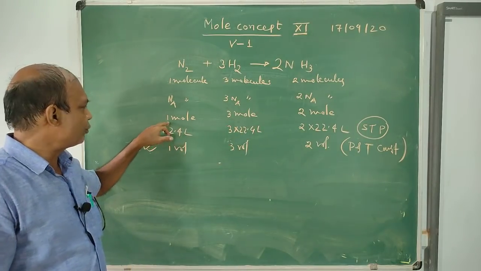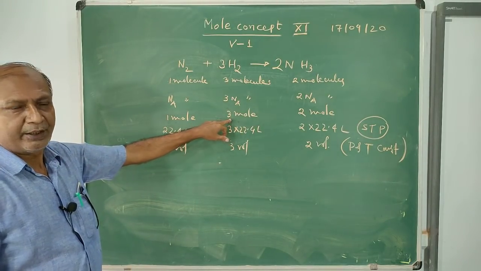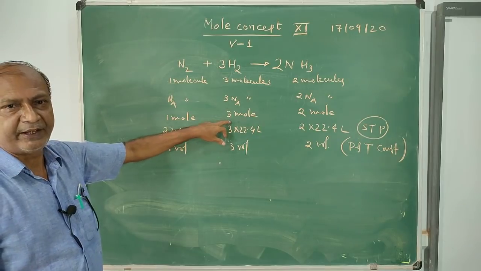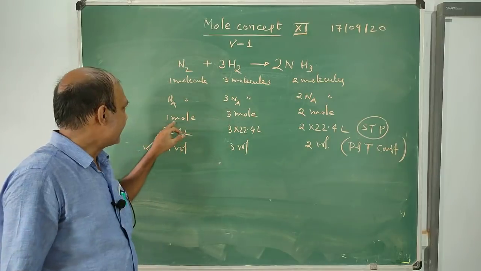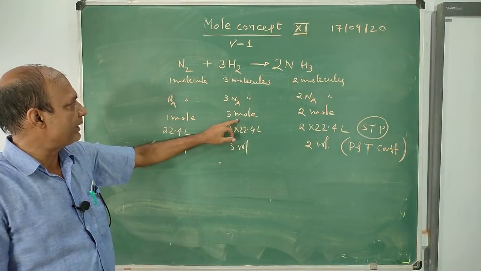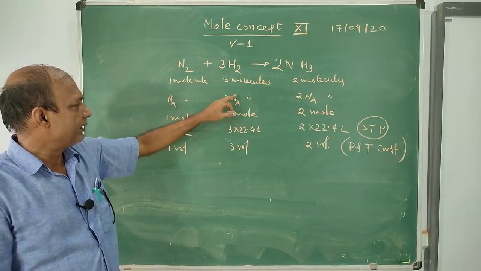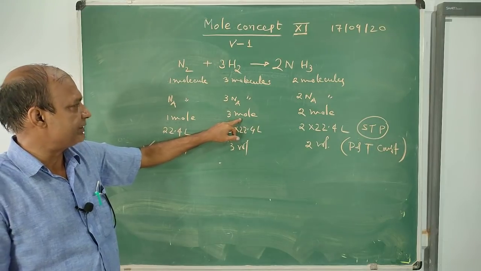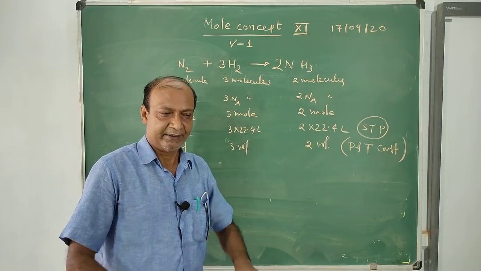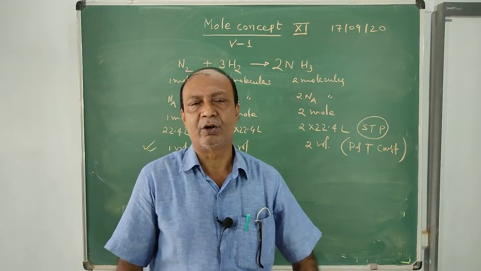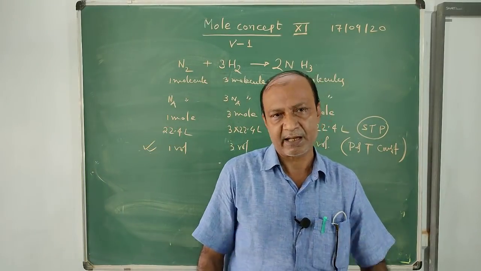So if you take 2 moles, it will be 6 moles. If you take 5 moles, it will be 15 moles, and this will be 10 moles. So 5 moles of nitrogen will react with 15 moles of hydrogen, producing 10 moles of ammonia. This is the basic ratio of moles for a given chemical reaction.